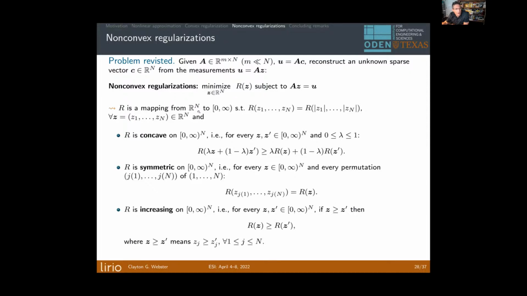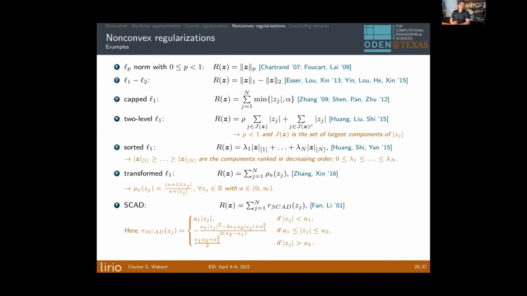And R here is a mapping from R^n to [0, infinity), given in the following way. I'm not going to say anything about concavity, symmetric, increasing, other than I'll mention this in the theory. So the theory I'm going to show you will include all the following type examples. At least they'll fit into the theory.